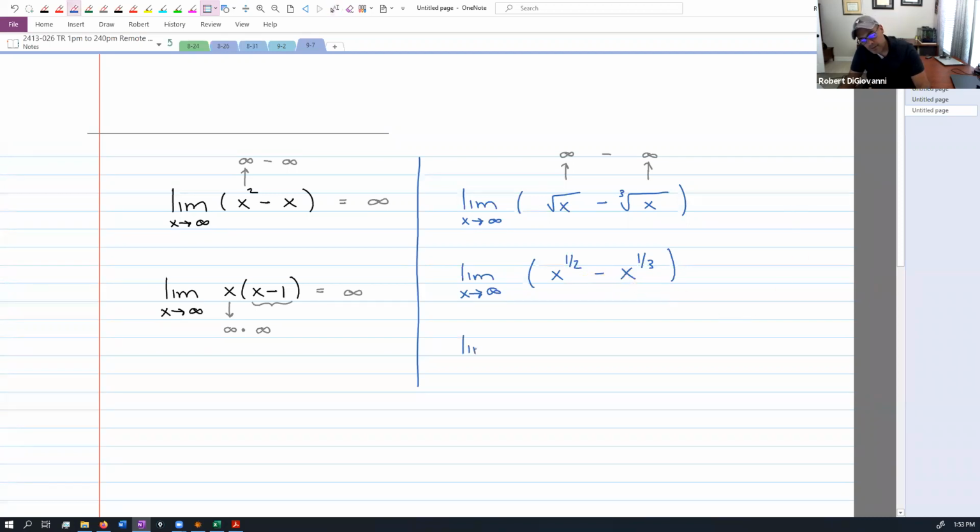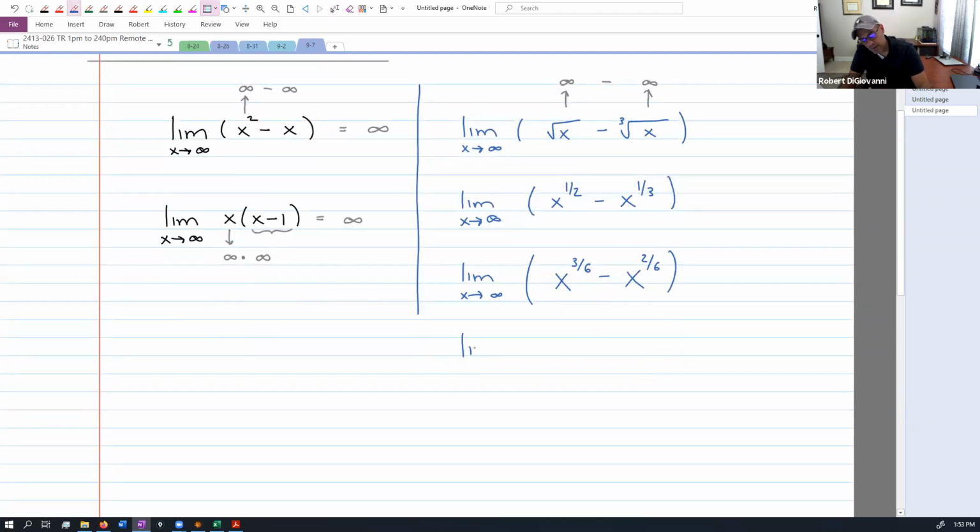Now I'm going to write those fractions with common denominators. The common denominator between these two numbers is 6. So I'm going to rewrite the first one as x to the 3/6, and the other one as x to the 2/6. It's the same fractions, right? 1/3 is 2/6 and 1/2 is 3/6. Agree?